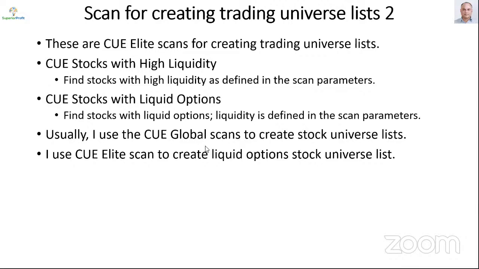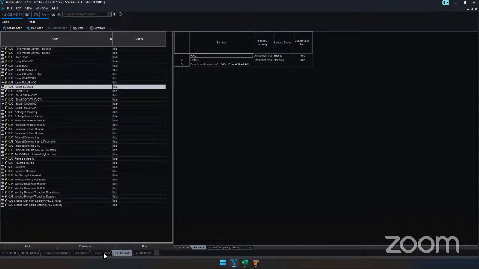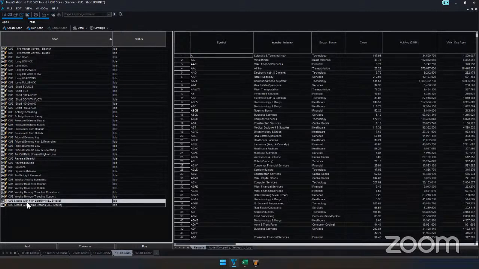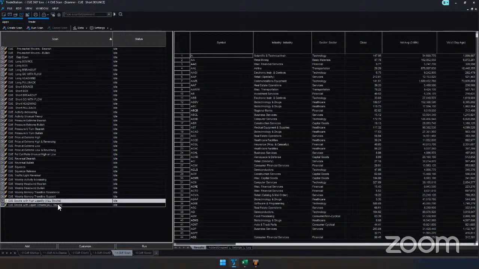Let's see where in TradeStation we set the parameters. In TradeStation QElite, these are all the scans. At the bottom, you can see Q stocks with high liquidity and Q stocks with liquid options. And you may also see they have all stocks as input, whereas all the other QElite scans don't have this phrase in bracket, all stocks.